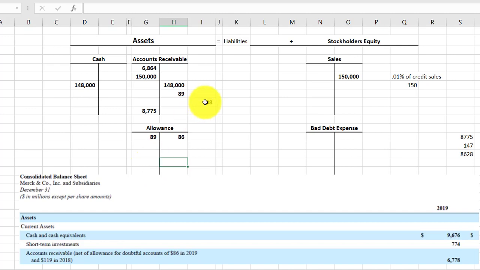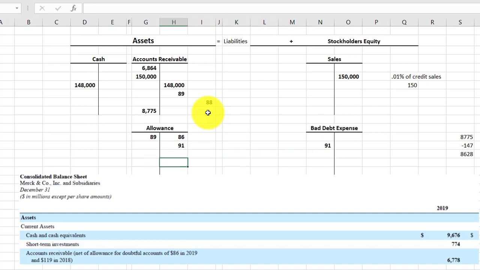That's what we estimate the allowance should be. So we look at what it is, we estimate what it should be, and it needs to be 88. So how do we go from a debit of 3 to a credit of 88? We need a credit of 91, which would also be the debit to bad debt expense for 91.